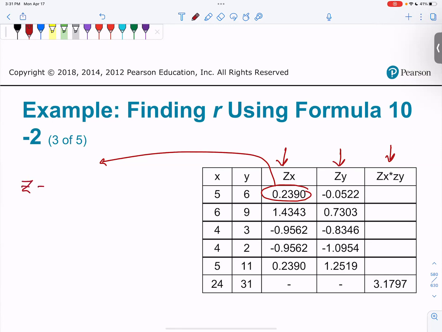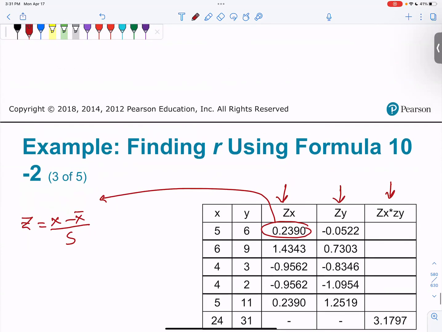Z equal to X minus X bar divided by S. Okay. So we have to find X bar.